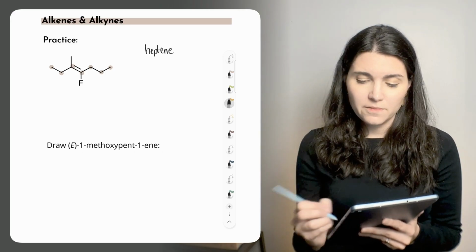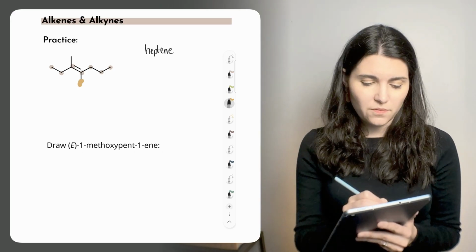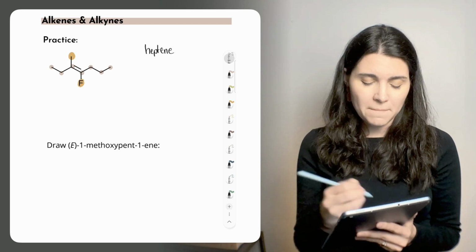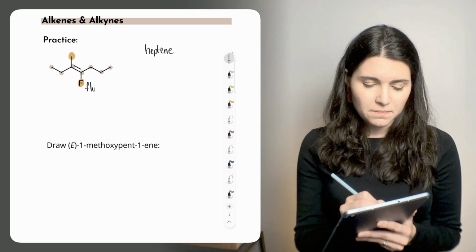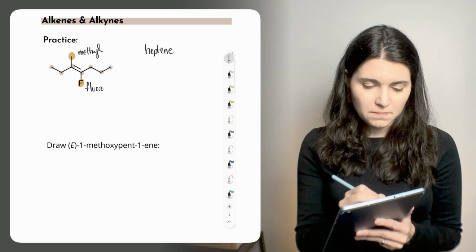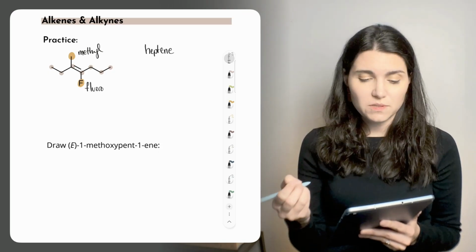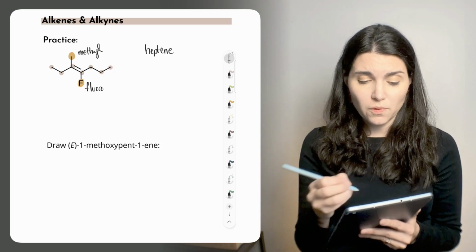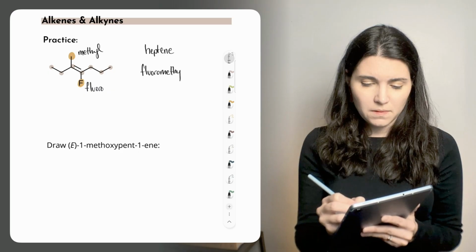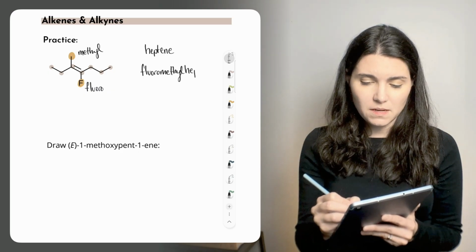Okay, for substituents, we've got a fluoro and a 1 carbon substituent, so it's a methyl. And fluoro starts with F, methyl with M, so fluoromethyl. Heptene.